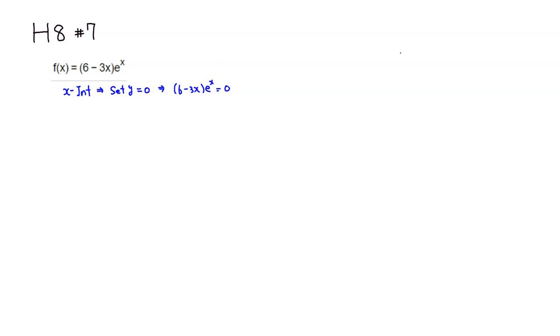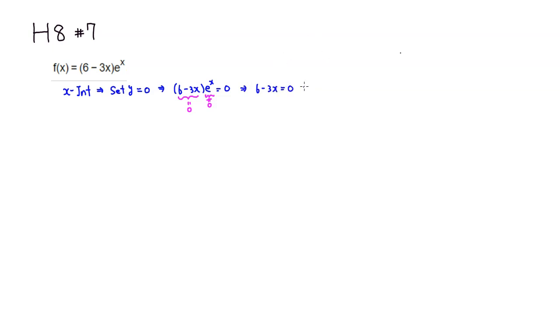Then you can see that the exponential function is never 0. So for this part, there's no hope, right? But we can make this part equal to 0. So we have 6 minus 3x is equal to 0.